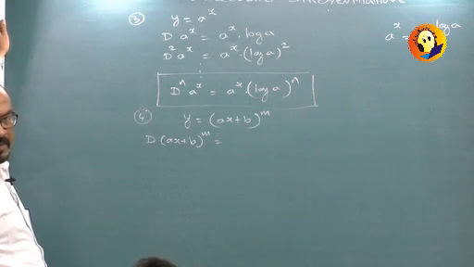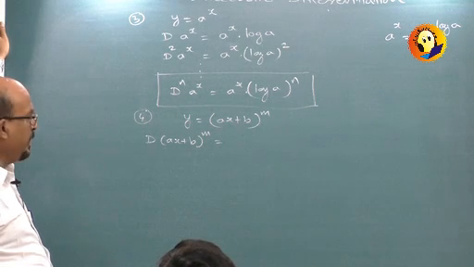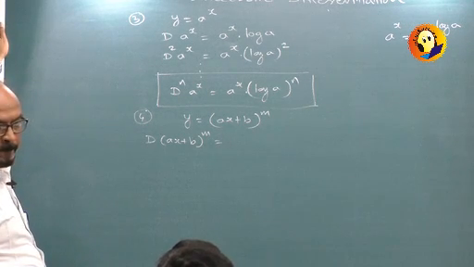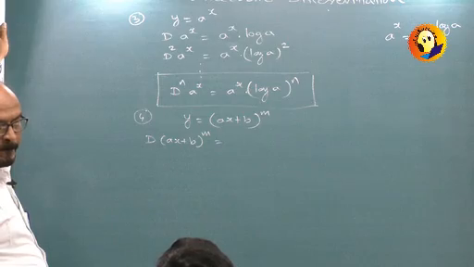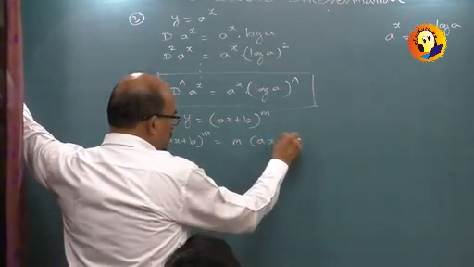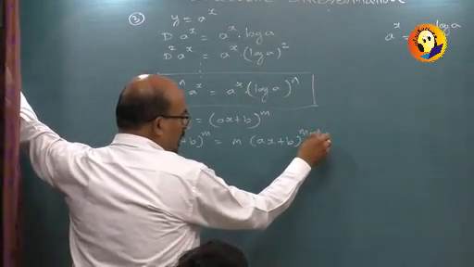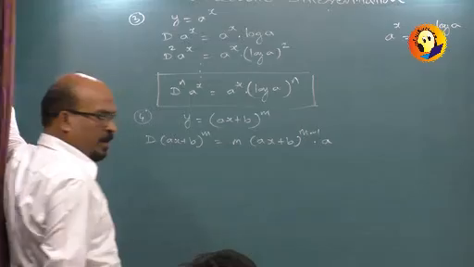What is the derivative, Aniket? What is the derivative of ax plus b raised to m? M into ax plus b raised to m minus 1 into derivative of ax plus b, which is a.